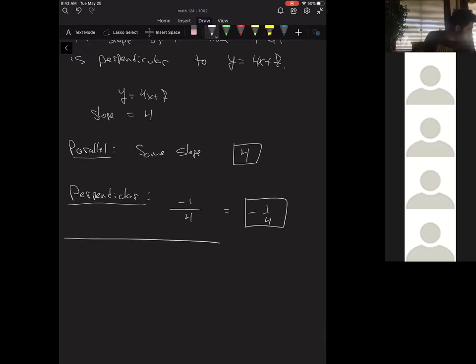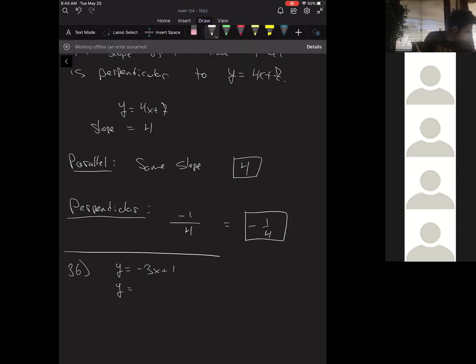Okay, let's do number 36. We're given these two lines: y is equal to minus 3x plus 1, and y is equal to minus 1/3 x plus 1.